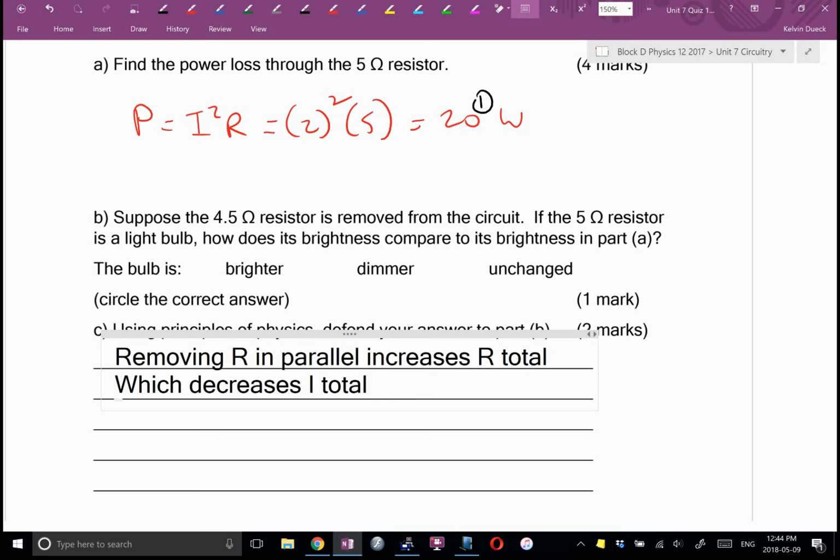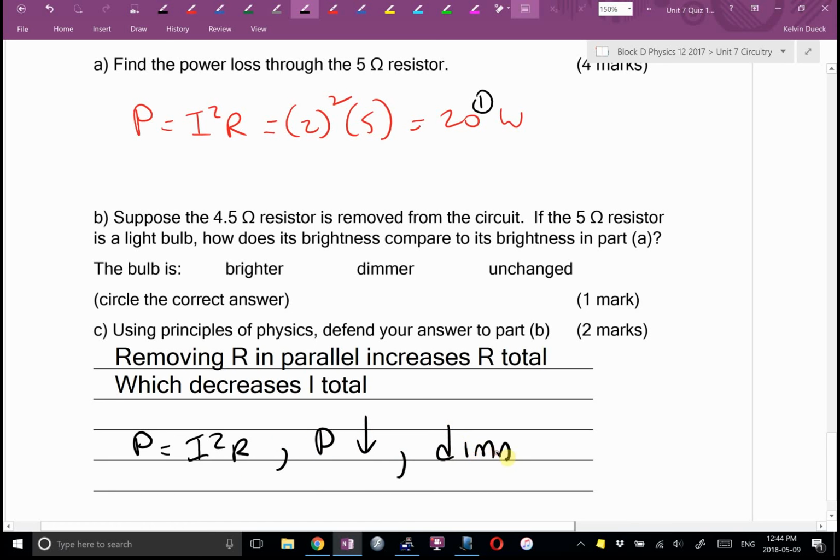And then I could say, since power equals I squared R, this is why that version is so handy. The resistor hasn't changed. That's a physical property of the actual bulb or device. What has changed? Power equals I squared R. So power has decreased. Dimmer.